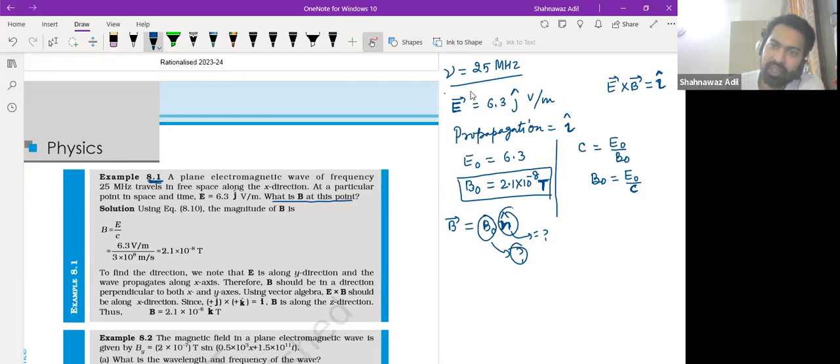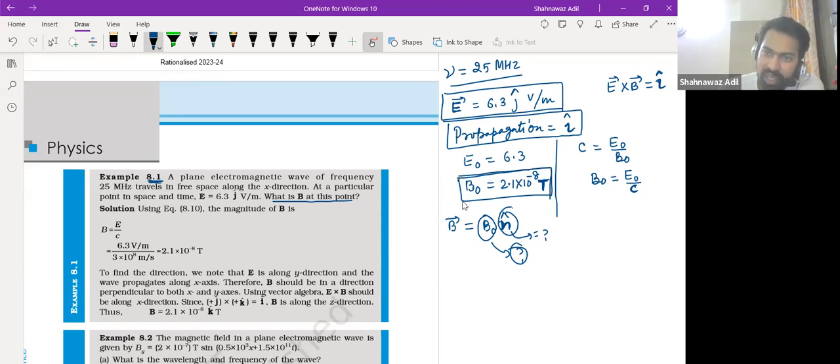So the electric field is given, direction of propagation is also given, and we want to calculate what is the magnetic field at this point. So first we calculated the magnitude, and then we have to calculate the direction.